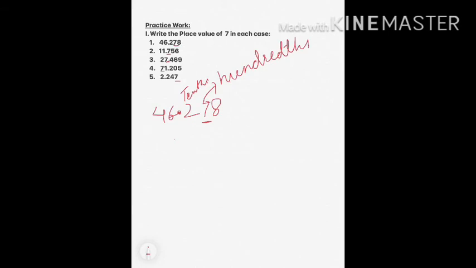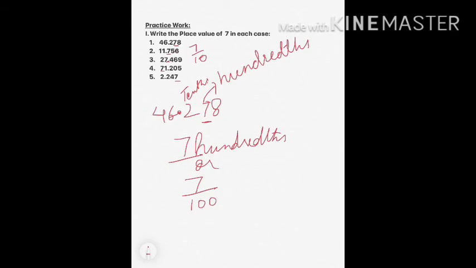So how do you write the answer? Either we write 7 hundredths, or you can write it in the form of numbers also: hundredth will be in the denominator, so I can write it like this, 7/100. Now for the second, what is the place value here?